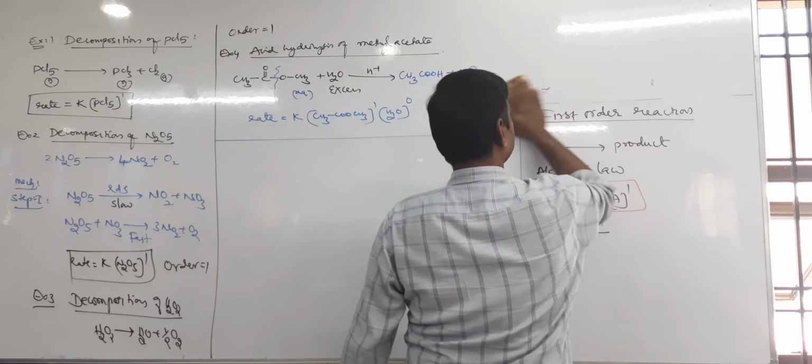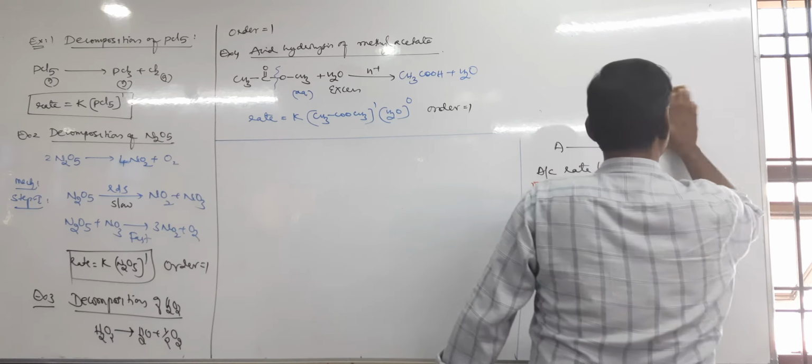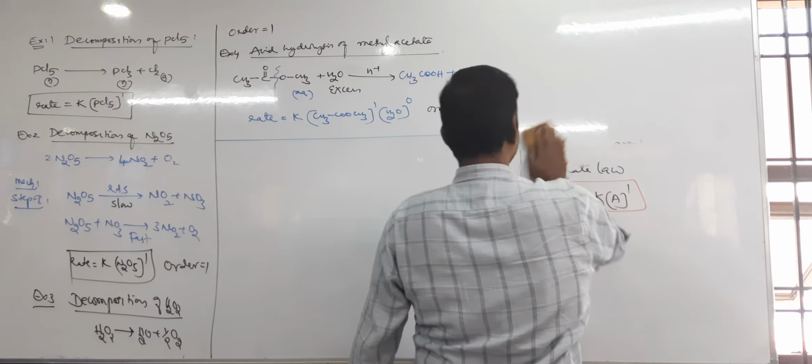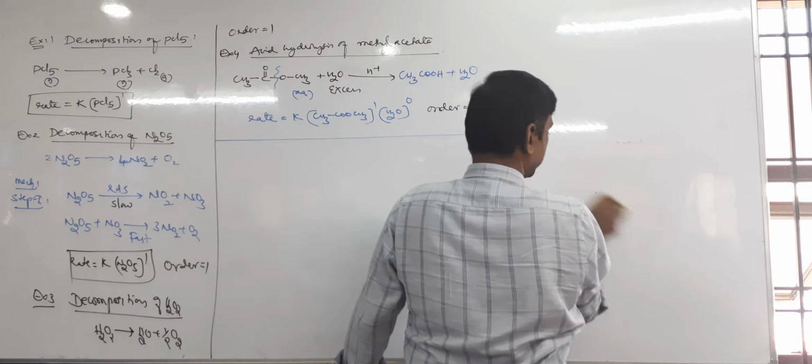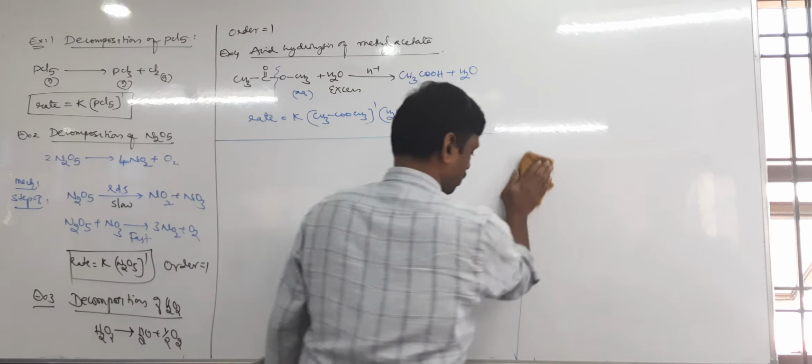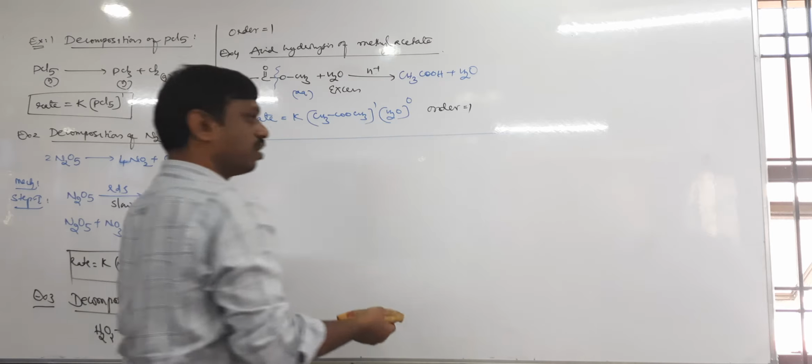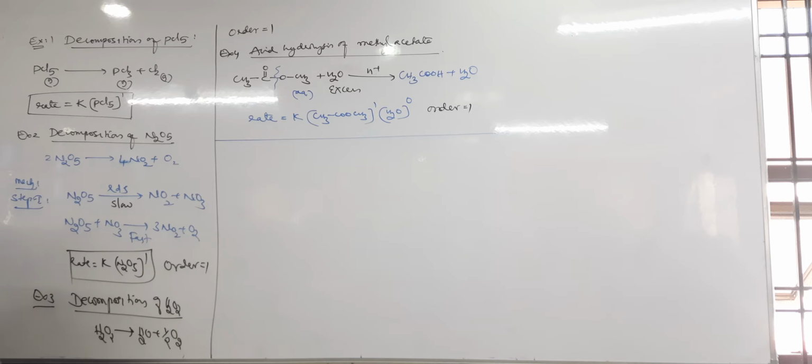The reaction in which the rate of chemical reaction is directly proportional to the second power of the molar concentrations of reactant in the experimentally determined rate equation.